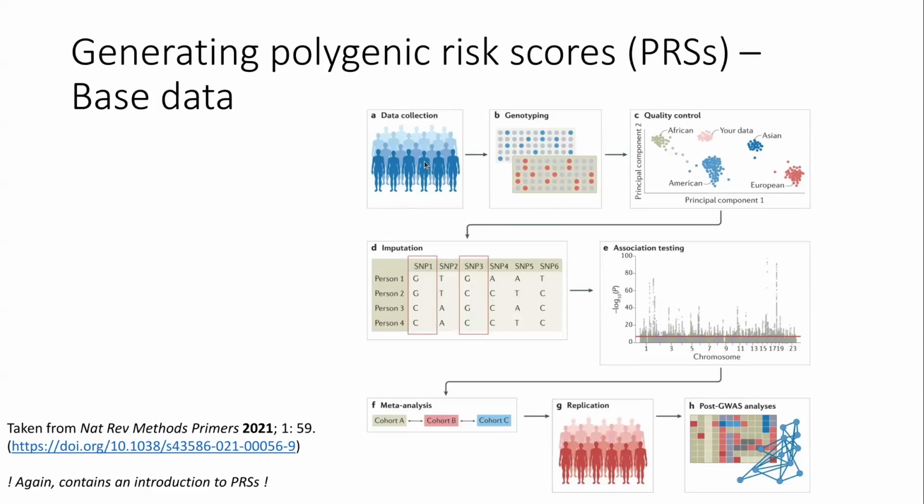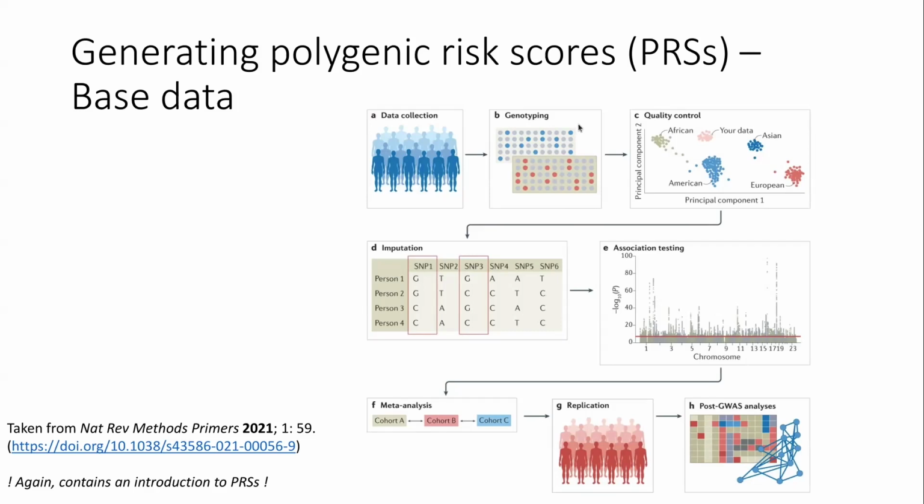In this case, we're interested in DNA, so you could take saliva or blood, and using those samples, you can genotype these people by performing sequencing experiments, whole genome sequencing, or using array techniques, much cheaper and faster, to genotype people and get to know their single nucleotide polymorphisms, because those are the variants that we are talking about in genome-wide association studies, single nucleotide polymorphisms.